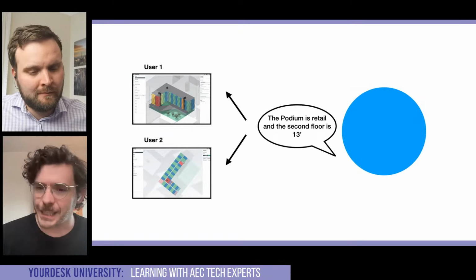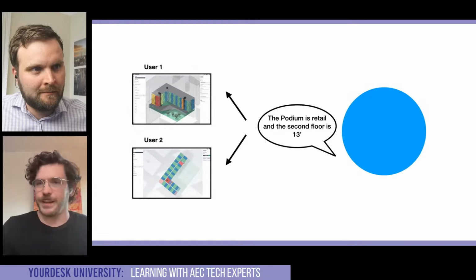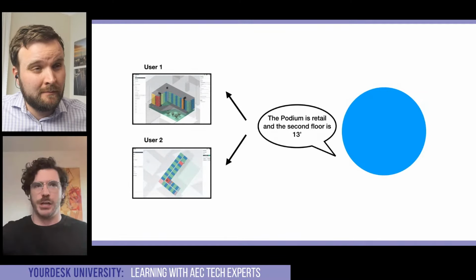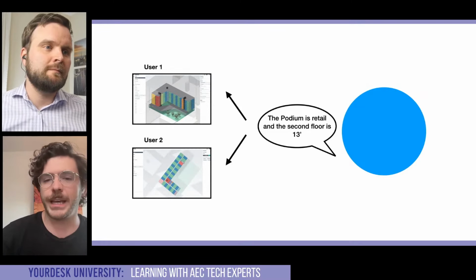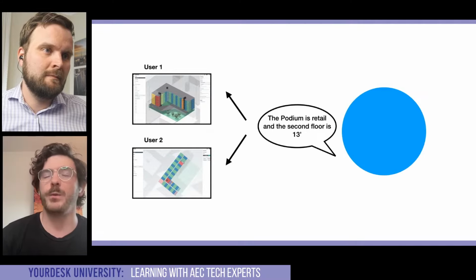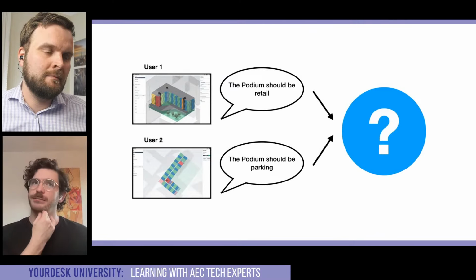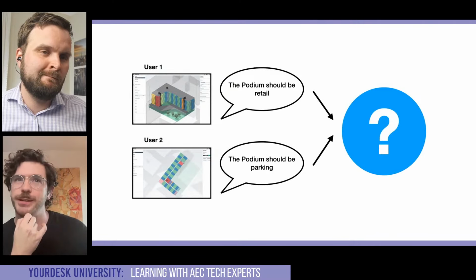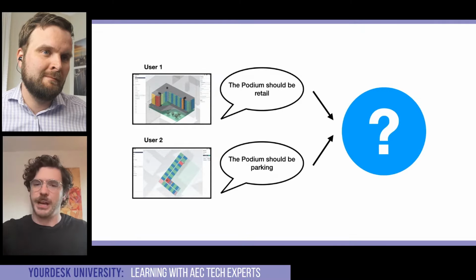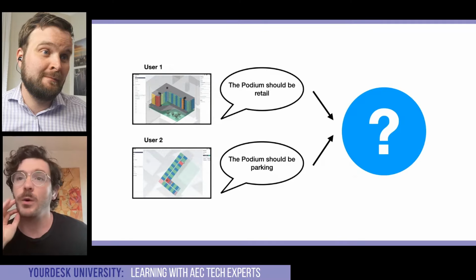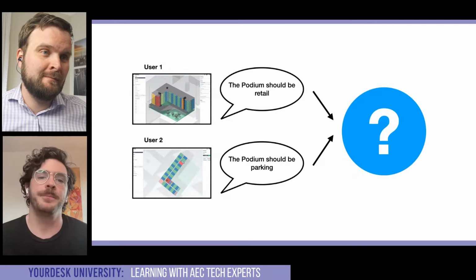A classic model of this is that you have a single bottleneck server whose job it is to coordinate all of these changes and send them back. But things get tricky when we say conflicting things. If I say the podium should be retail and you say the podium should be parking, and we both hit save at the same time, what should happen?